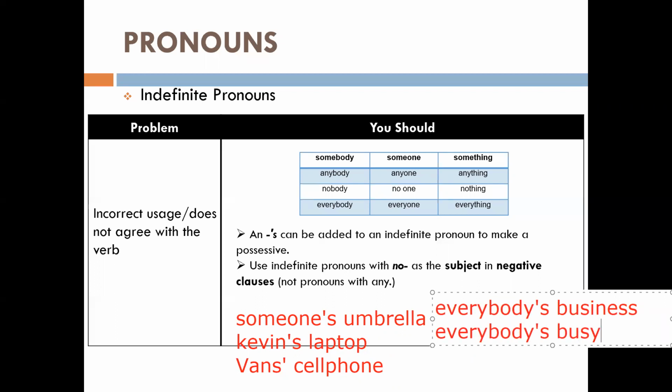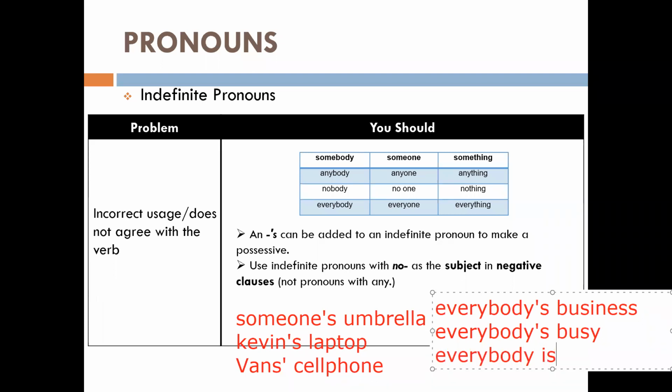Yan kasi, yung everybody na to, everybody is busy. Pinaikli mo yung everybody at saka yung is. Pero ang tanong, yan bang everybody is na to, gagawin mo ba itong ganito sa exam? Hindi maaari. Makinig maigi ha kung bakit hindi maaari.